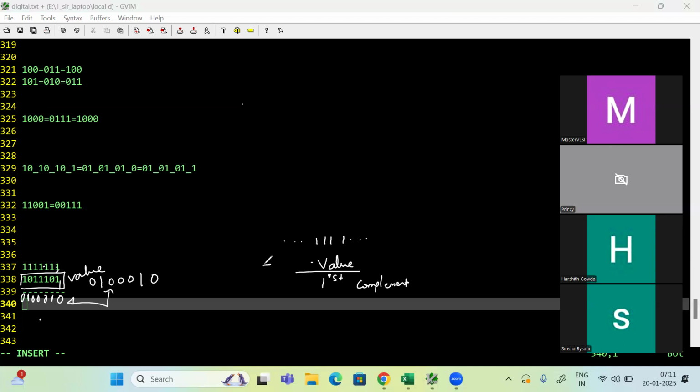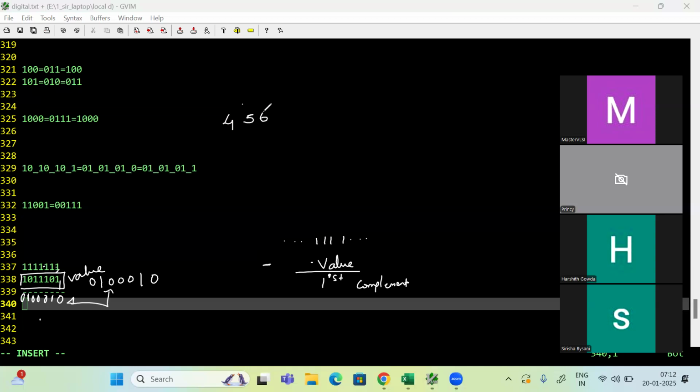What are the two ways? One is subtracting by all ones. The second method is inverse. Okay. Similarly, now ninth complement: imagine there is one value called 450.